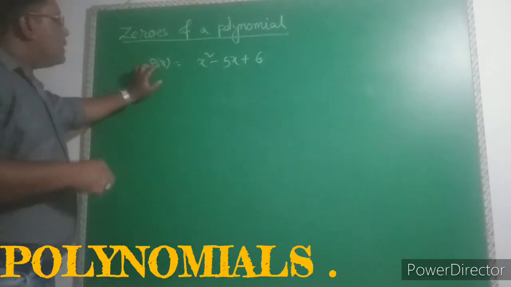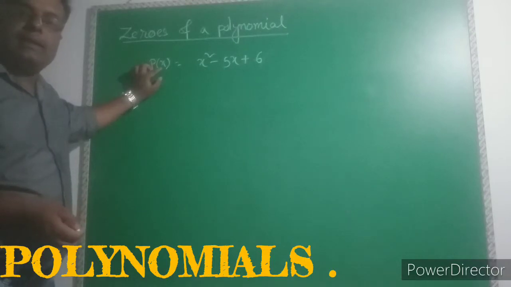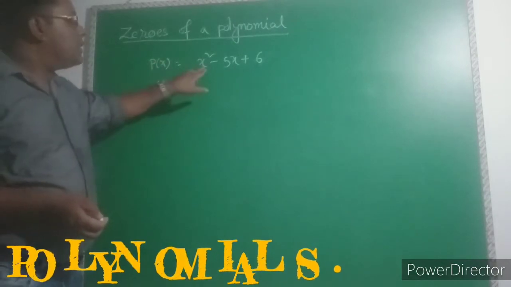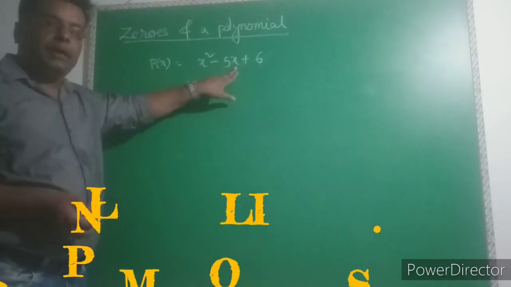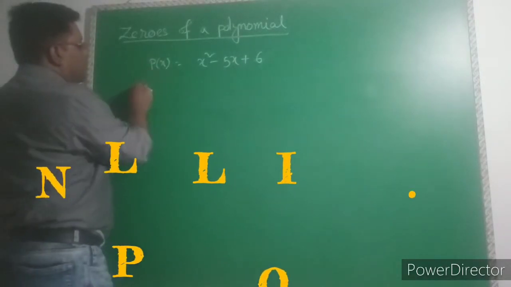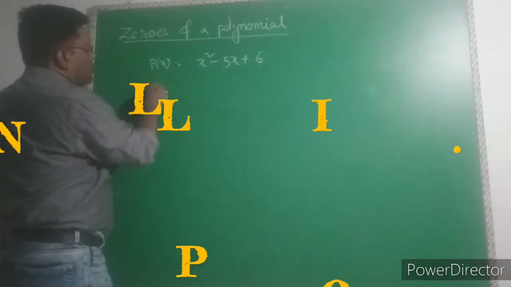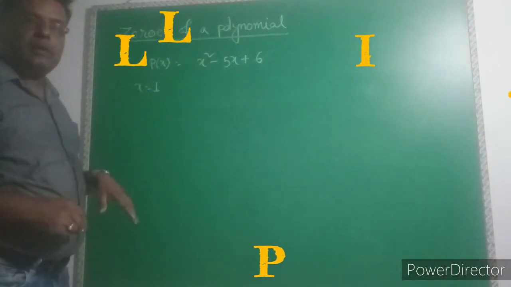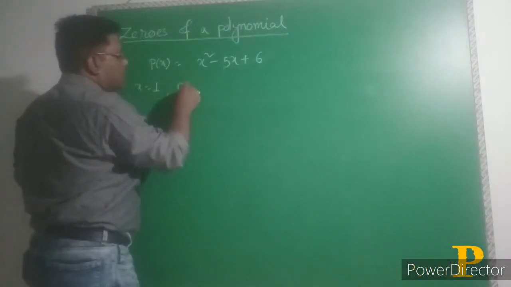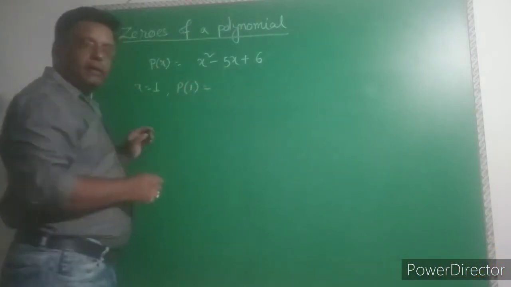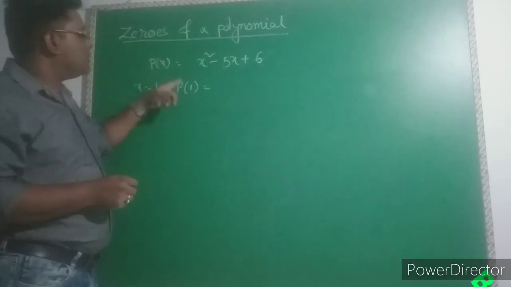Now if we replace x, because x is a variable, the value of x may be any number. Suppose we replace x equal to 1. What happens when x becomes 1? It becomes p(1).